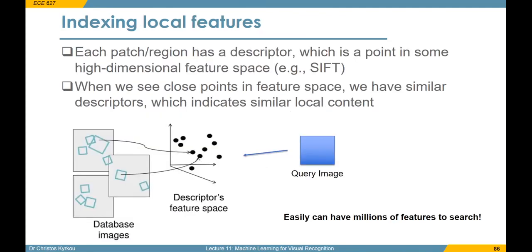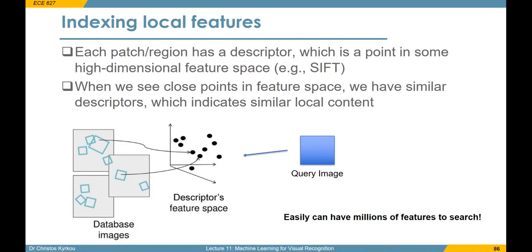As an example, if we use the SIFT descriptor and we have some images in our database, these descriptors land somewhere within the feature space. And we assume here that points that are similar are projected into the same feature space.